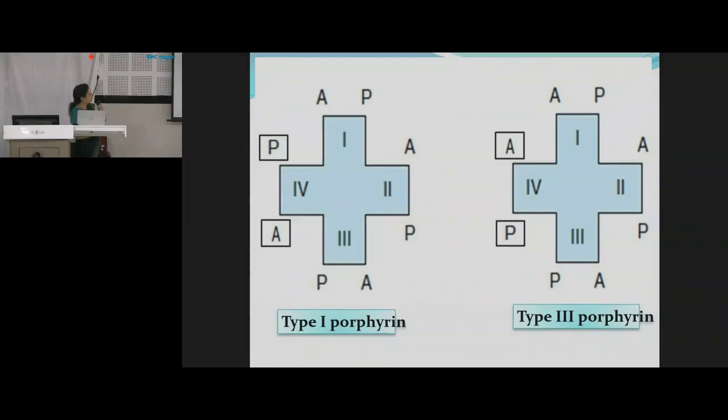So this is the type 1 porphyrin and this is type 3 porphyrin. So the change is here. You will come across the terminologies type 1 and type 3 in the various heme synthesis enzymes also. So you should know what is type 1 porphyrin and what is type 3 porphyrin.